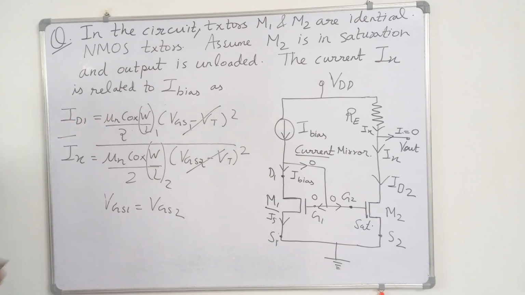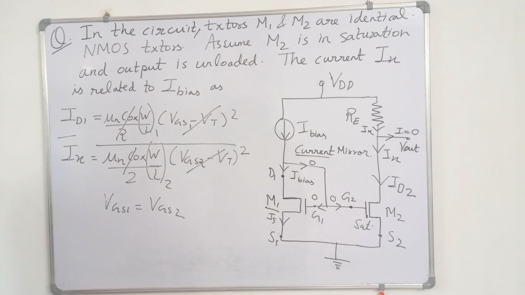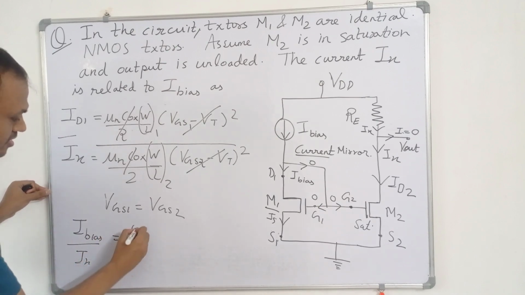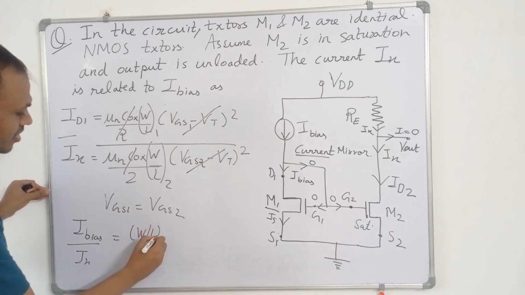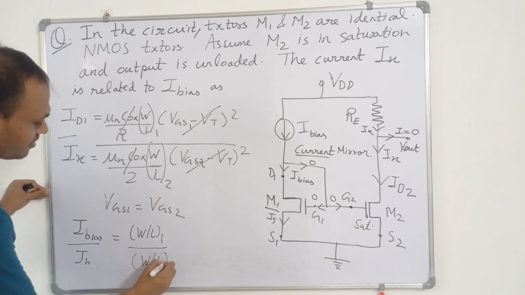Also both the MOSFETs are identical, so the common terms will also get cancelled. So ID1 upon Ix, and ID1 is nothing but I bias, is equal to W by L of 1 upon W by L of second.